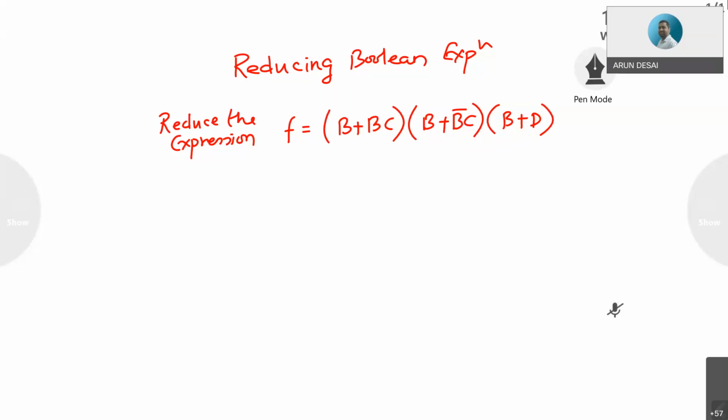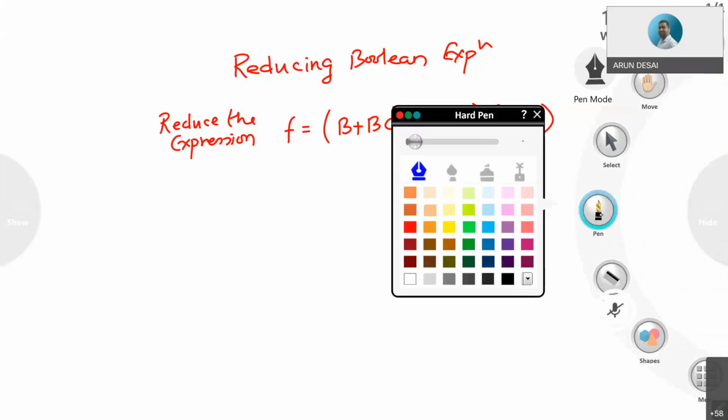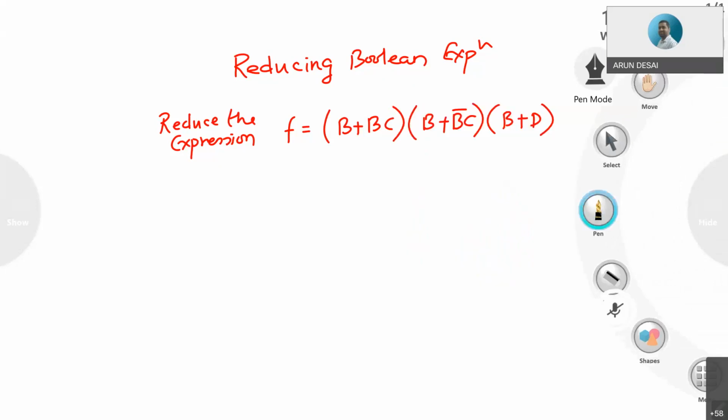Okay. Now, this is your given expression. So what we need to check is how many terms could be removed from the given expression. By looking at the expression, we need to identify.